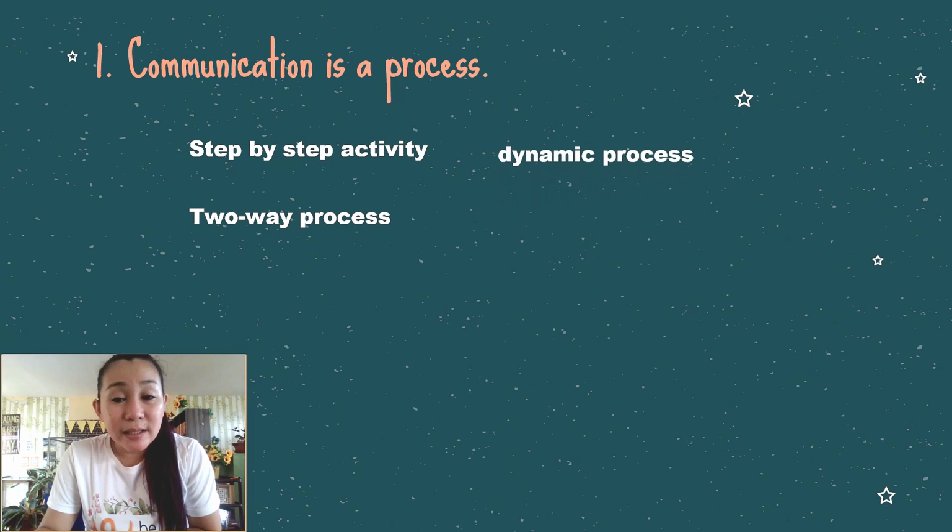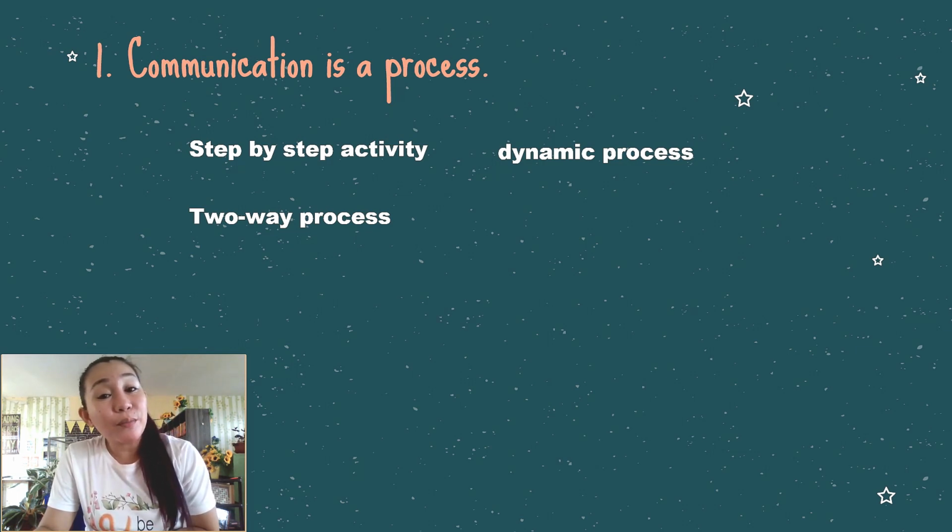Okay? Next, it is a dynamic process. Why dynamic process? It is because communication is the act or process of using words, sounds, signs, or behaviors to exchange information or to express your ideas and feelings to someone else, and that would be your listener. That would be your receiver.